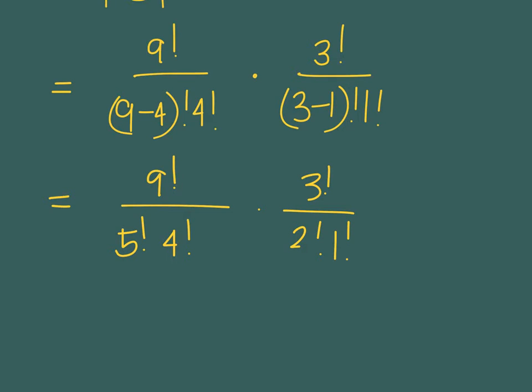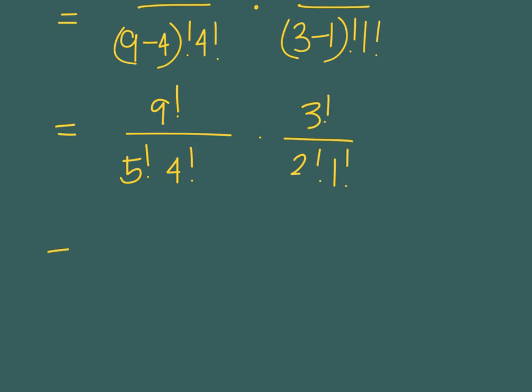This is the time that you have to decide up to what number you should expand the 9 factorial. Of course, you will extend it only up to 5, because at that point we will be able to cancel 5 factorial. So this means 9 times 8 times 7 times 6 times 5 factorial over 5 factorial, 4 factorial.